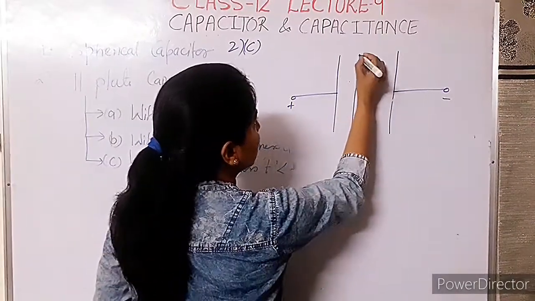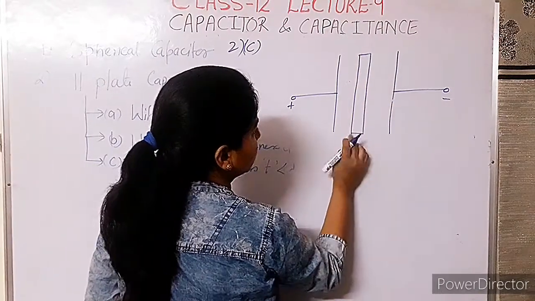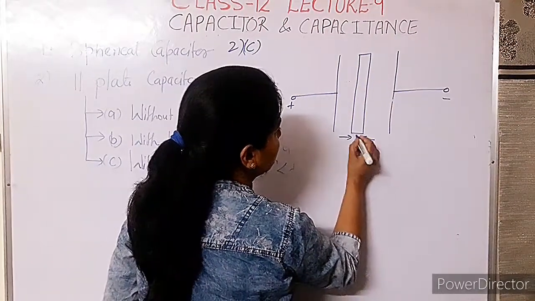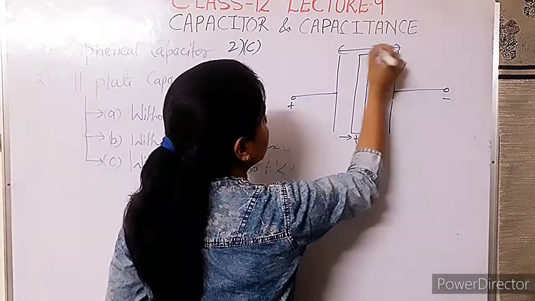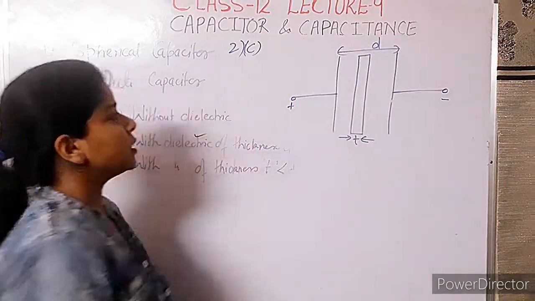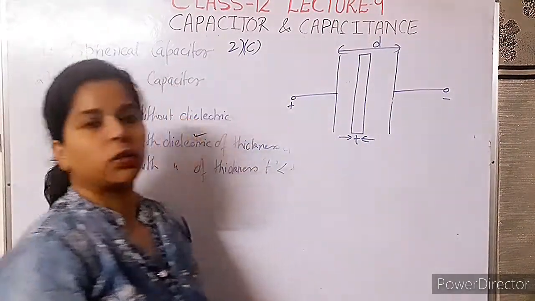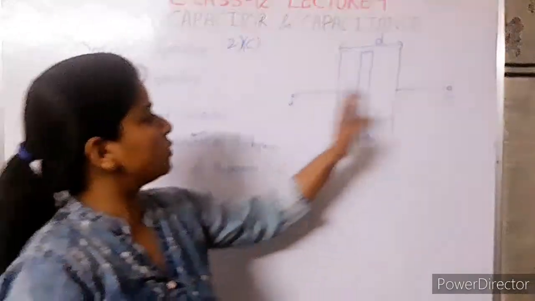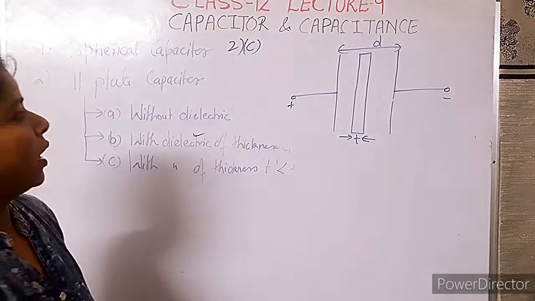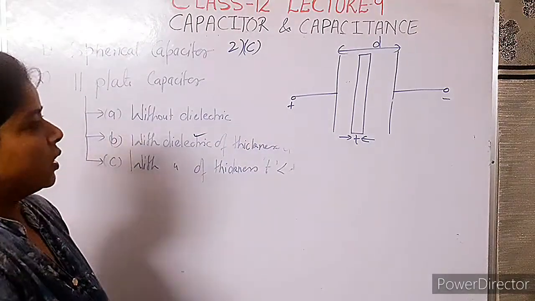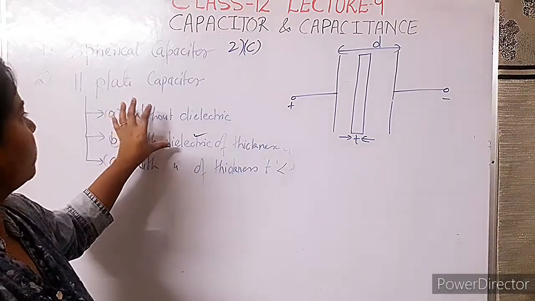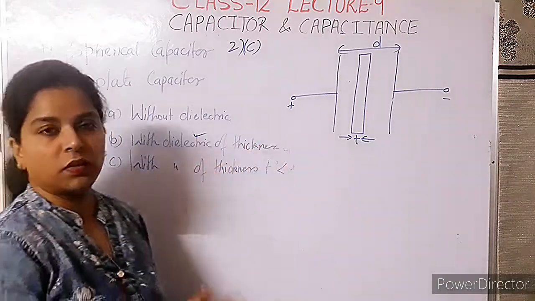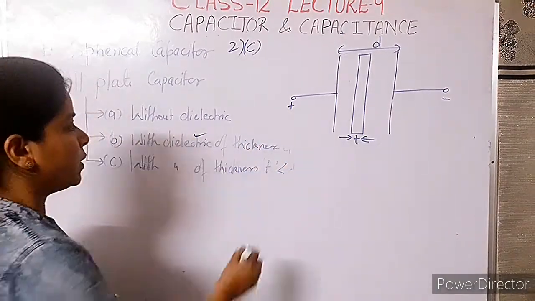Now the dielectric is placed with some thickness T. The plate distance is D and the plate area is A, the basic introductory terms. This is the positive terminal, this is the negative terminal. If we know the last two derivations, we can easily find this derivation. That means the result is simple.